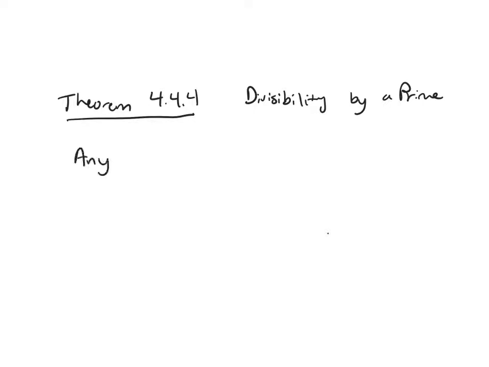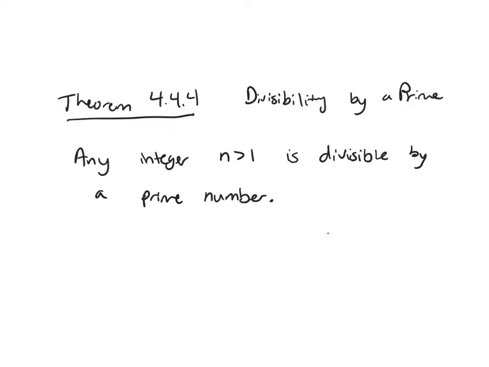It says any integer that's at least 1 is divisible by a prime number. We're not going to prove it, but I did want to state it. It is something to remember that if you have a positive integer that's bigger than 1, it's divisible by some prime number.